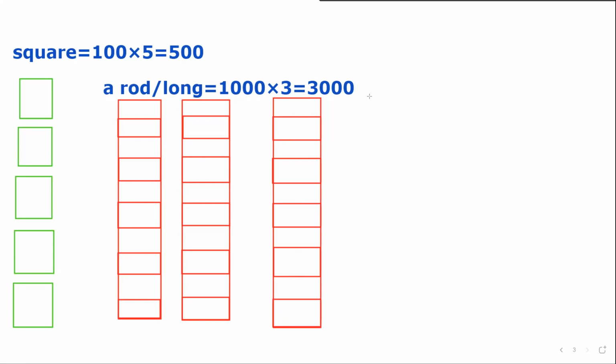Then leave it. A flat, which is equal to 10,000, because you're going to draw only one. That will be much approximate to 10,000.